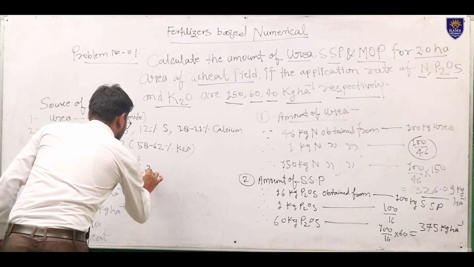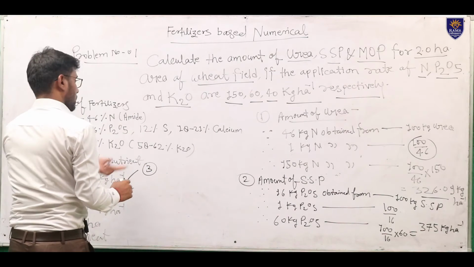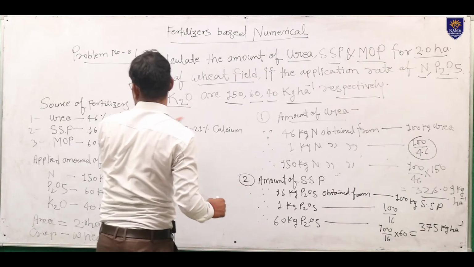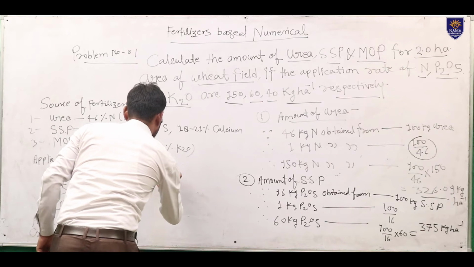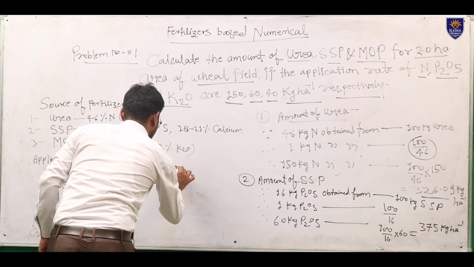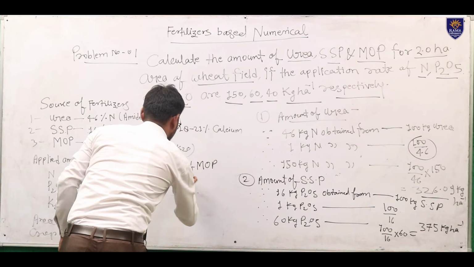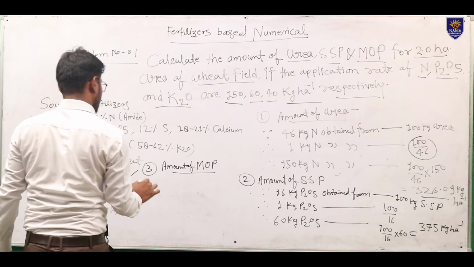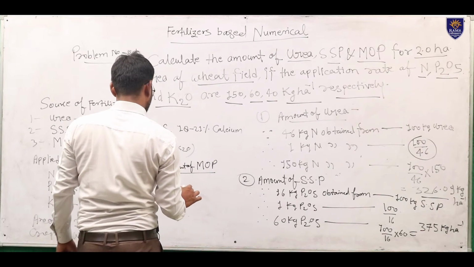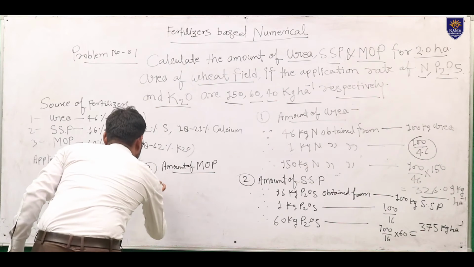And lastly, we similarly calculate the amount of MOP, muriate of potash. This is a chloride based potassic fertilizer.